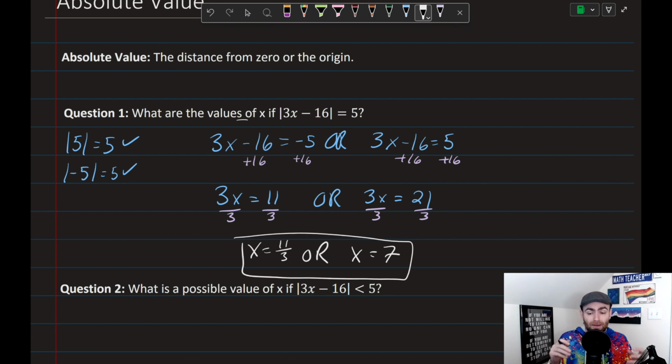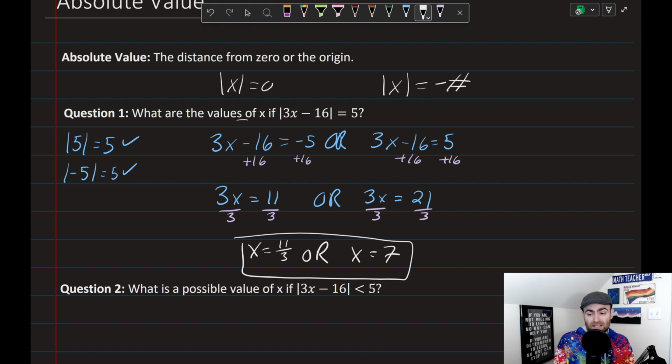The only way we could get one answer is if our absolute value equaled 0. And do keep in mind that since our absolute value represents a distance from 0, if we had the absolute value of something equal to a negative number, there are no solutions for that equation. So no solutions exist for this.